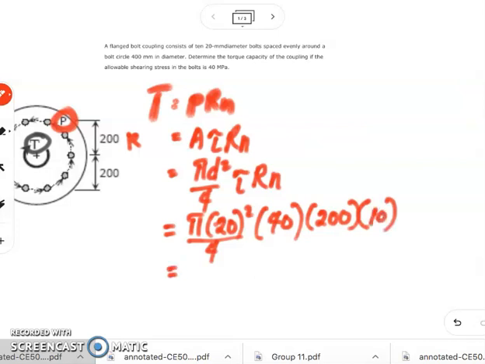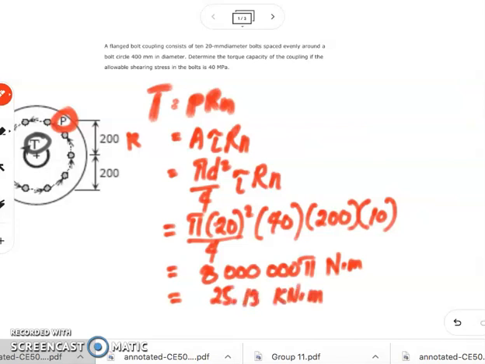If we simplify this, it is equivalent to 8 million pi Newton meters, or 25.13 in kilonewton meter. So that is for our example number 1.